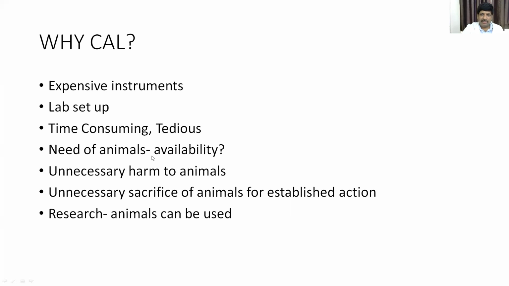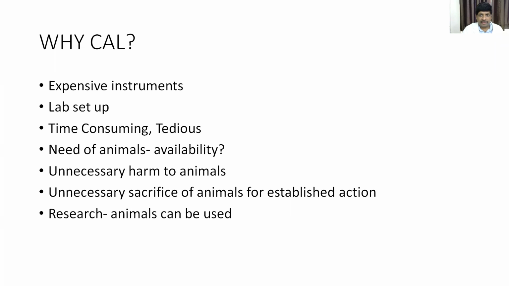Then there is the need of animals, and the availability of animals. Now the availability of animals is very scarce. It's very difficult to get animals. Even if you are doing an experiment on a rat, getting a rat itself will be very difficult and costly. Frog, nowadays it's very hard to see a frog.